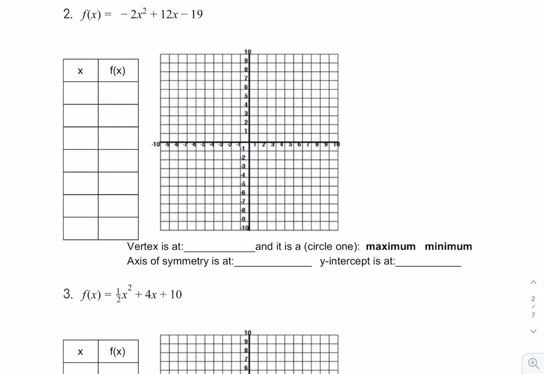Let's try number 2. So this one, you see your axis of symmetry. Our y-intercept is a little bit different. So a equals -2, b equals 12, c equals -19. So x equals -b over 2a.